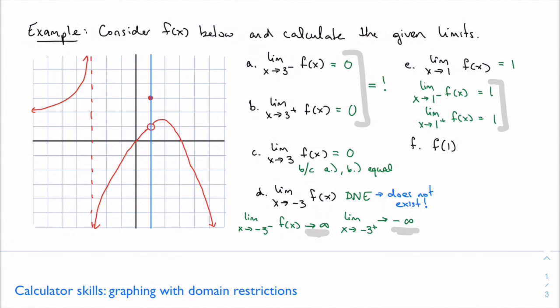You may have noticed, however, there's a gaping hole in my graph at x equals 1, which means my function is not equal to 1. My function value is up here. My function value is actually 3. So what does this mean?